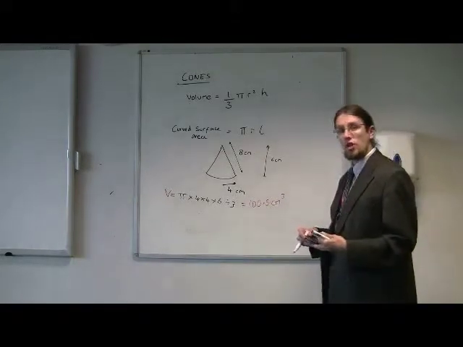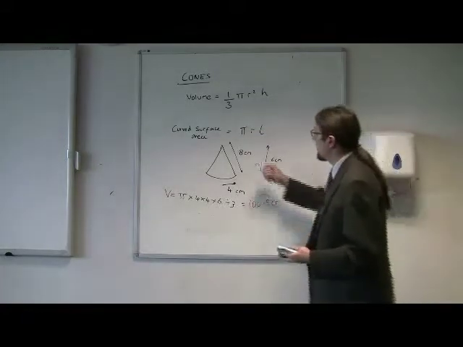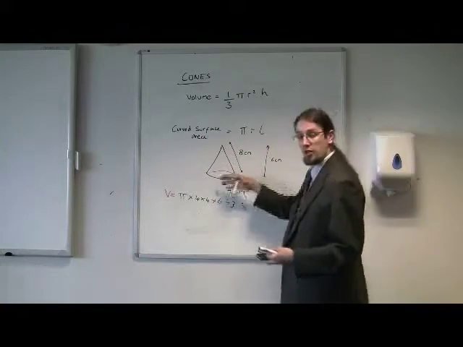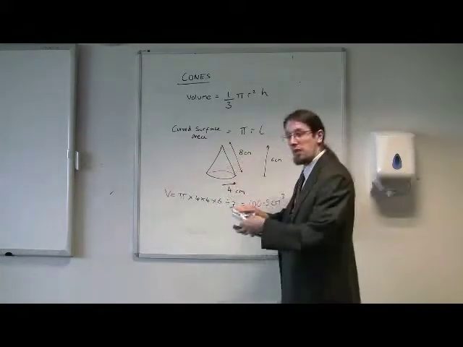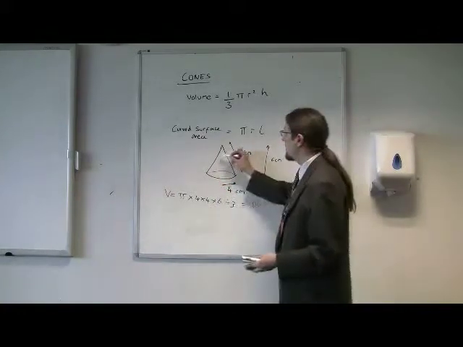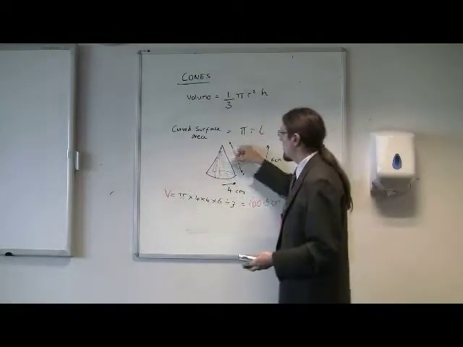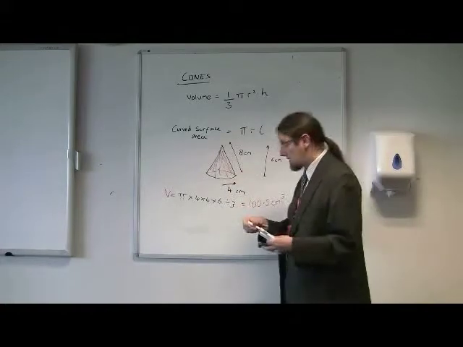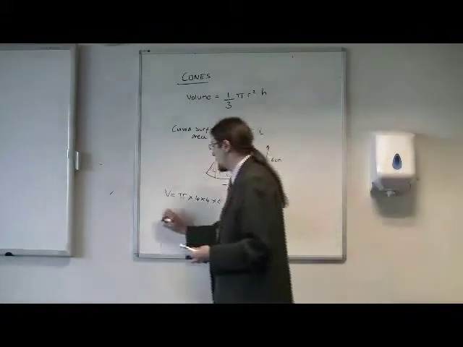Now the curved surface area is the surface area of the shape, but it doesn't include the circle at the bottom. So if you picture rolling out a cone, it would just be the area that wraps around the slanting side. So that's what we're going to do now.